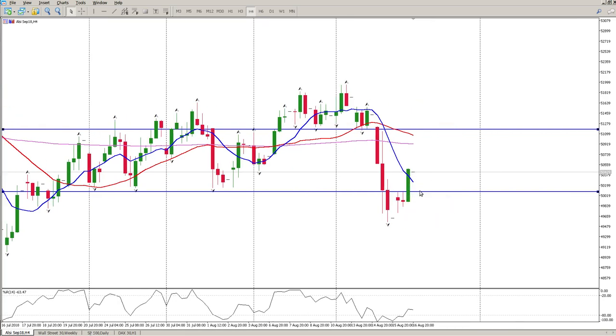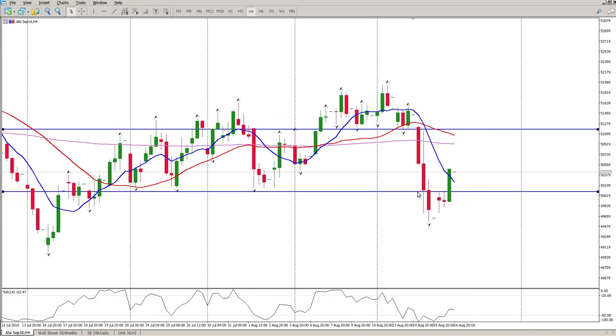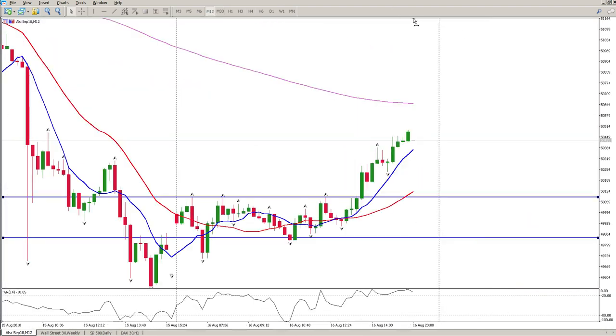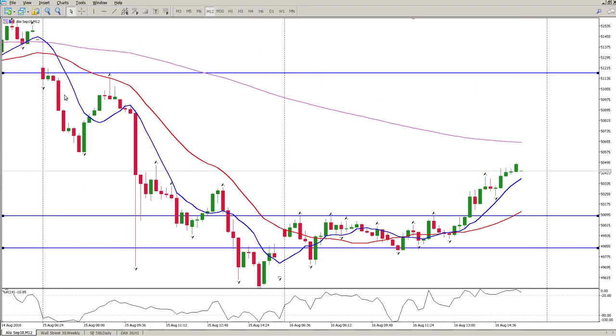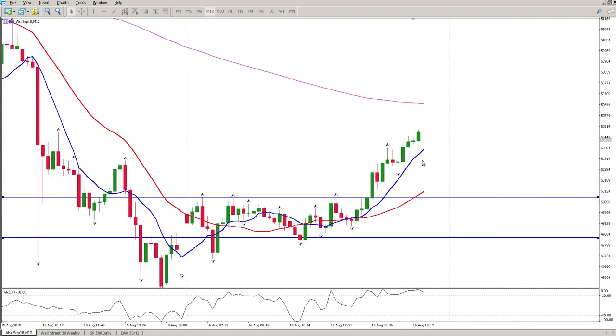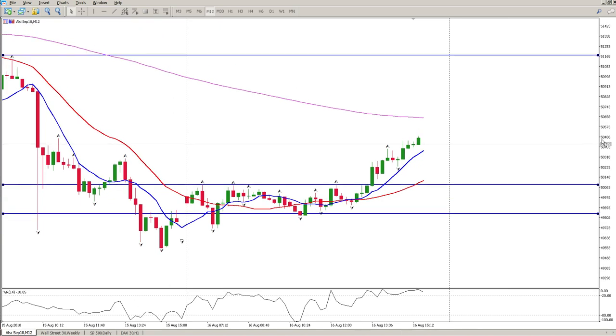And your first level is going to be 50,085, and your second level would be 49,840. But as I say, I can't see that happening today. I think this is a trend change. You can see how we've moved down to the downside, we consolidated, and we now changed direction. So to me, this is a pretty well-defined uptrend, and we just need to ride this trend to the upside.